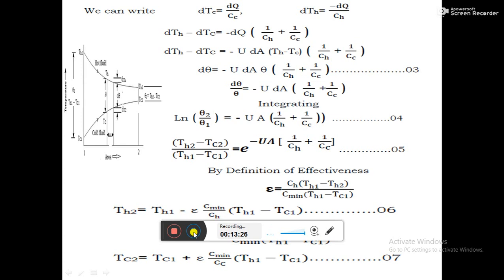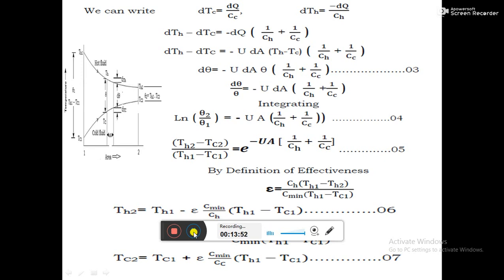Between the limits 1 and 2, we get ln (theta 2 by theta 1), and the integration of dx is x. Here the integration of dA is A. Therefore, we get ln (theta 2 by theta 1) equals minus U into A into (1 by Ch plus 1 by Cc).